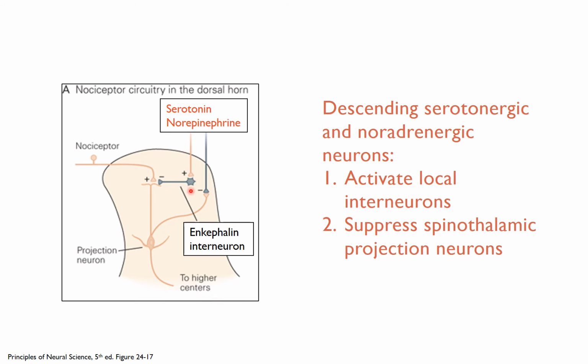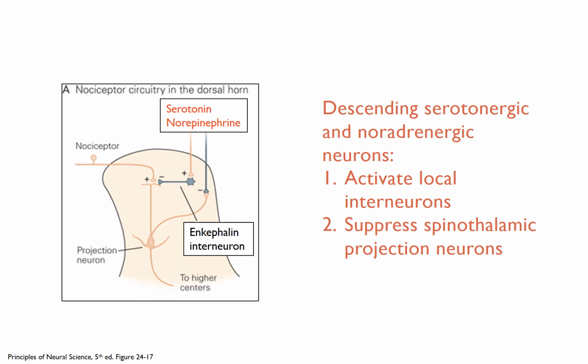And if it isn't activating the interneuron, it can instead act directly on that secondary sensory neuron cell body itself. So here it's working at pre and postsynaptic inhibition. Here it's just straight out inhibiting that secondary sensory neuron cell body. Together, whether it's doing one or the other, it suppresses the activity of those spinothalamic projection neurons and therefore reduces the intensity of pain.